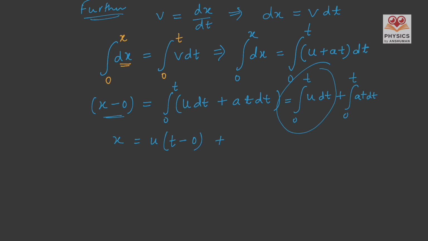And then here a is in the second integral, a is again constant, a will come out, and then we will have t inside and dt, and it goes from 0 to t. And we can write x is equal to u multiplied by t will be ut, and u multiplied by 0 is 0, so we ignore that.